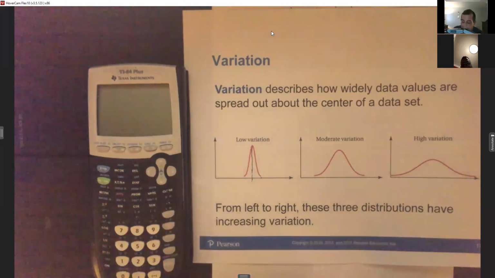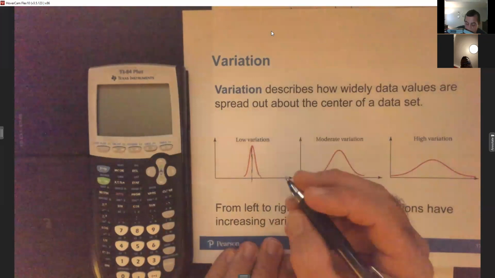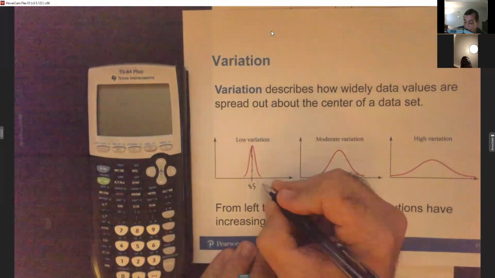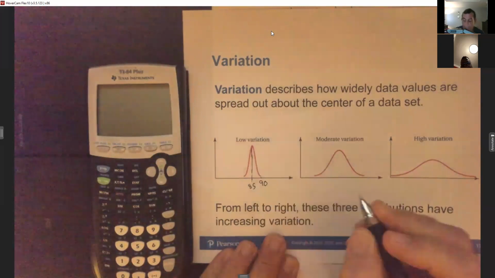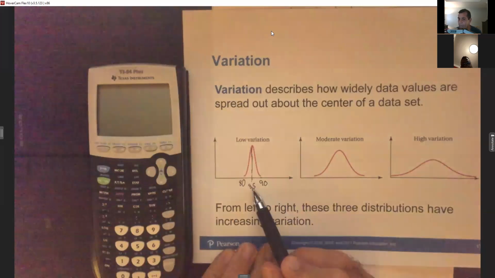So say to have low variation, say my average on my test was an 85. Well, low variation, my high test might have been a 90, and my low test might have been an 80. Add them together and you get an average of 85, right?